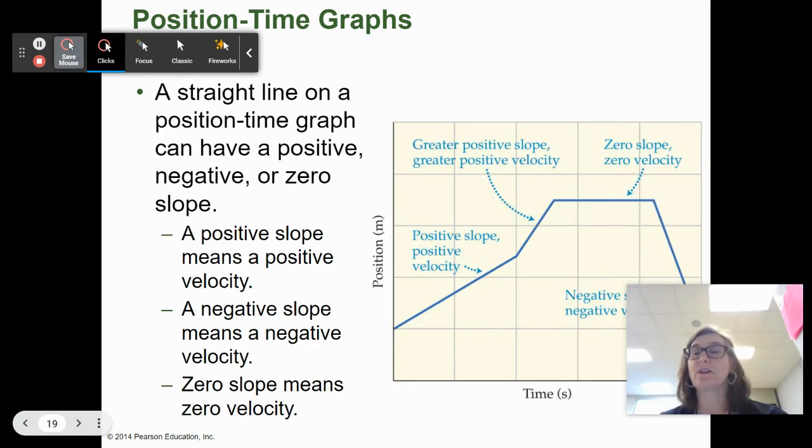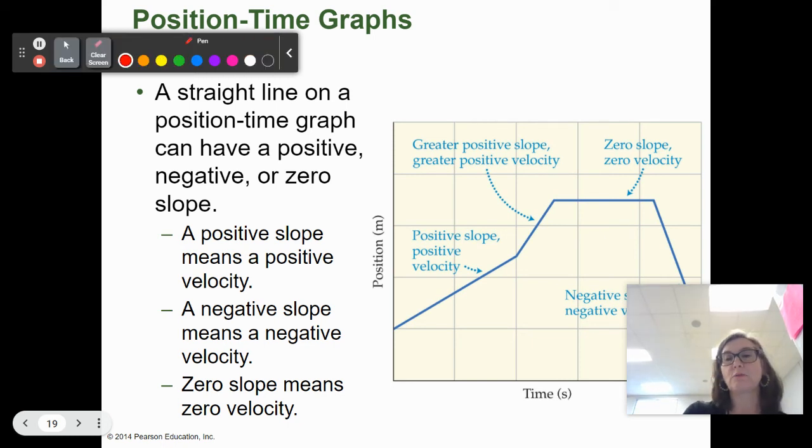So here's a graph that's not necessarily a straight line, but I can still gain a lot of information from that graph. A straight line on a position versus time graph can either be a positive slope, a negative slope, or zero slope. If you look at this graph here, as we are increasing, that's a positive slope, which would mean we have a positive velocity.